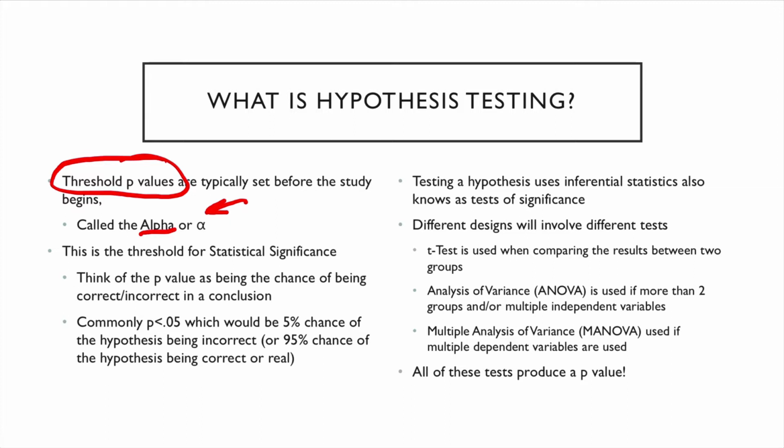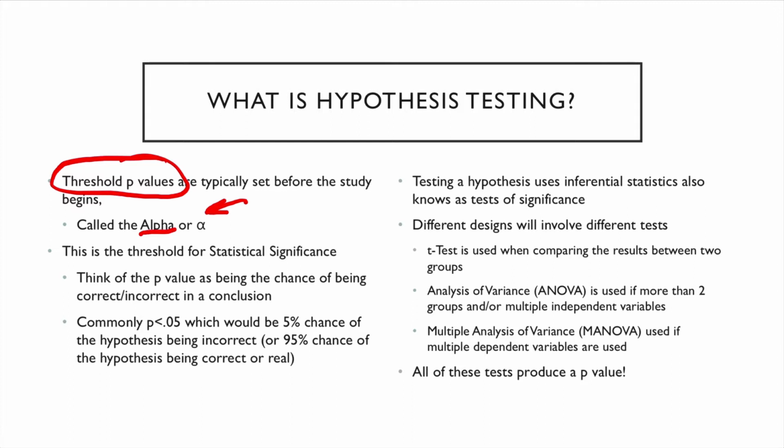So you'll see alphas set instead at 0.05 or 5%, at 0.01 or 1%, or even 0.001, which is 0.1%. But typically the alpha in our field is going to be set at 0.05. And again, what that means is we're willing to take a 5% chance of being wrong, and we want to be 95% confident that if we say the treatment works, it truly does work.